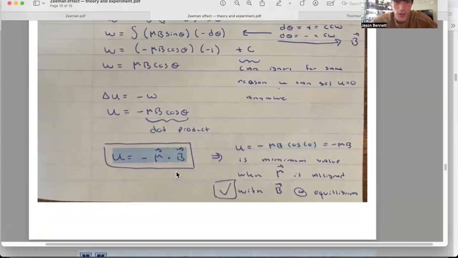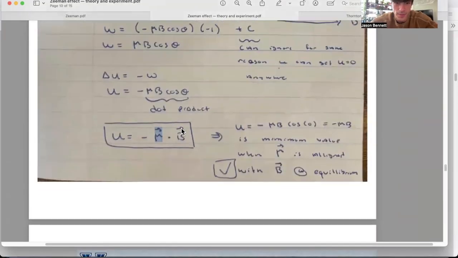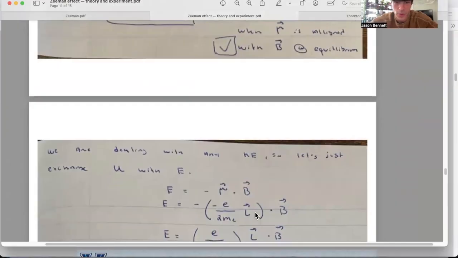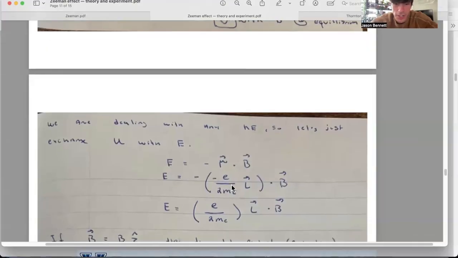Okay, so we have an expression for this, right? We found something for that. So let's plug that in. We're plugging in the expression that we found for the magnetic moment in terms of the angular momentum. Plugging this in, it looks like some of our negatives are canceling here because that was related to the angular momentum negative, in an opposite direction.